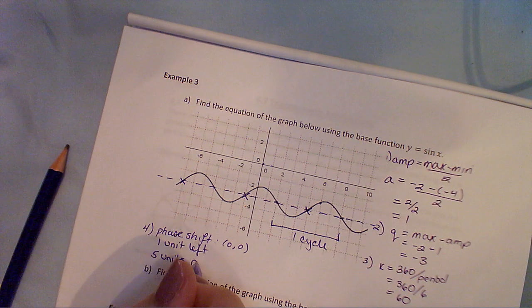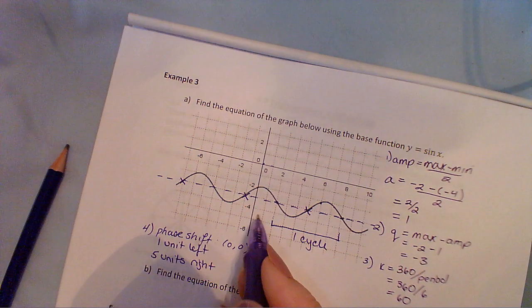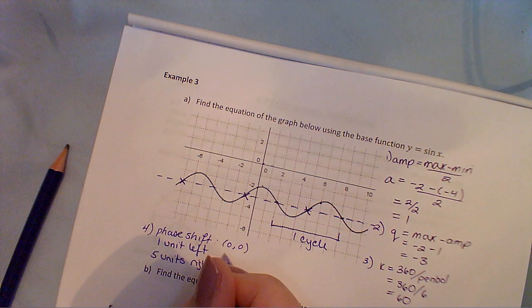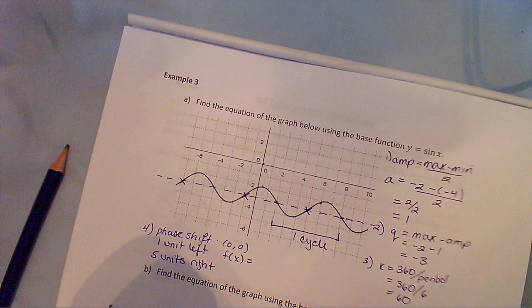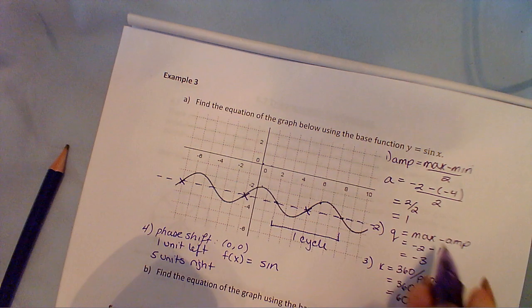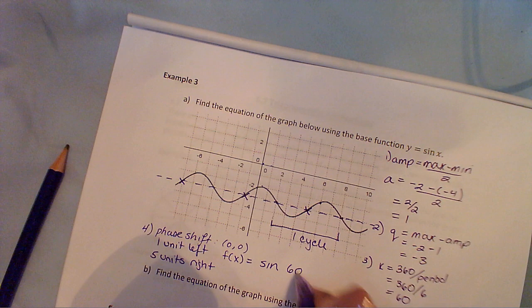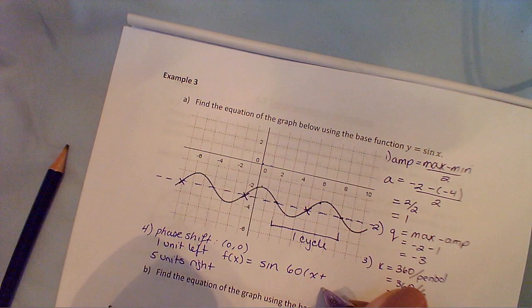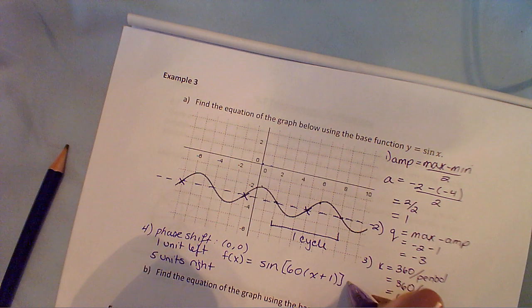Again, giving you options. So if you picked 1 unit left, the beginning of the upward bump, you would say f of x equals, our a value is 1, so I'm not even going to bother to write it, sine, our k value is 60, x, 1 unit left. If I want the person to go left, I'm going to put a plus sign there, then a 1. And then we're going to put a -3 at the back.